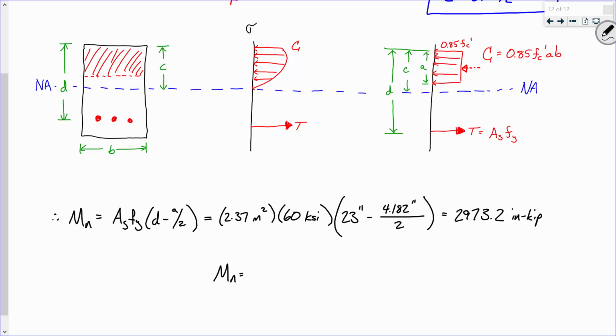So what do we get? 247.8 foot kips. Now, if you compare that to the cracking moment, this is going to be a much larger number, but there we go. Not too bad, right?